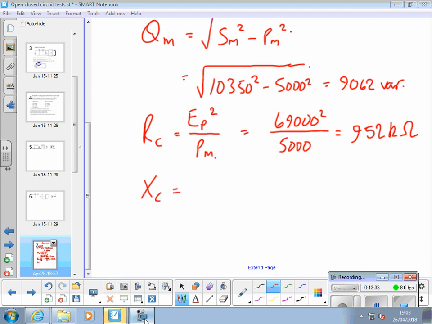And then XC, the inductor, representing the magnetizing current of the core, that's going to be EP squared again over what? QM, because we're interested in the out of phase component. That's 69,000 squared over 9,062.